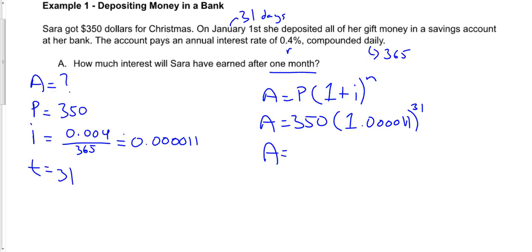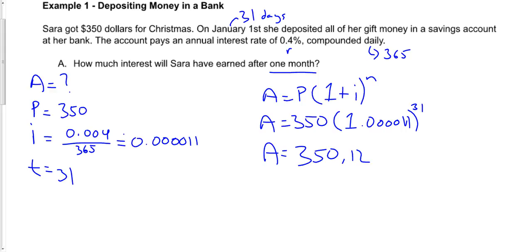And so I'm going to get 1.000011 to the exponent 31 times 350. So at the end of 1 month, her total value is $350.12.